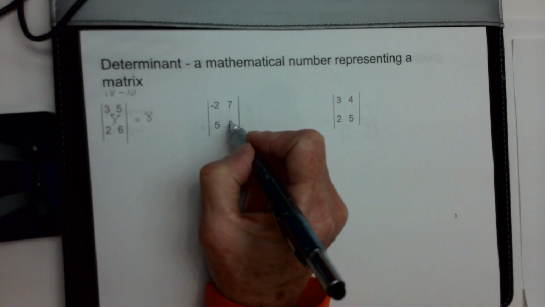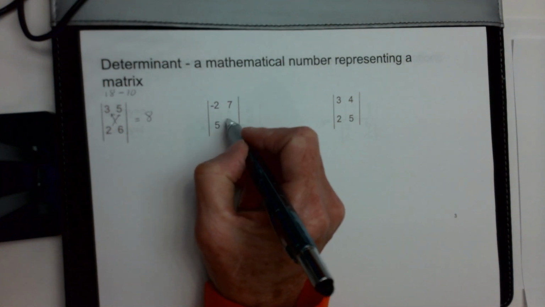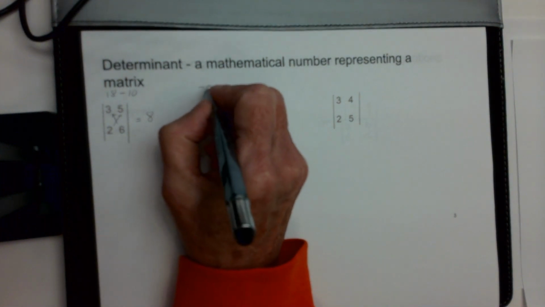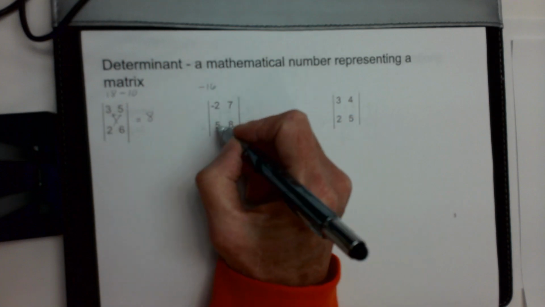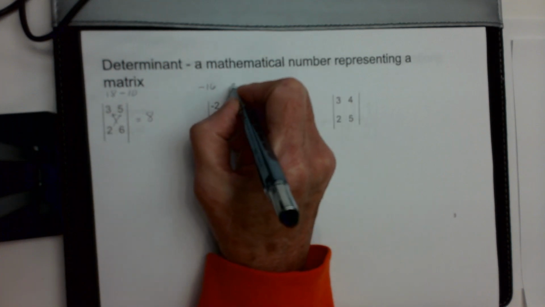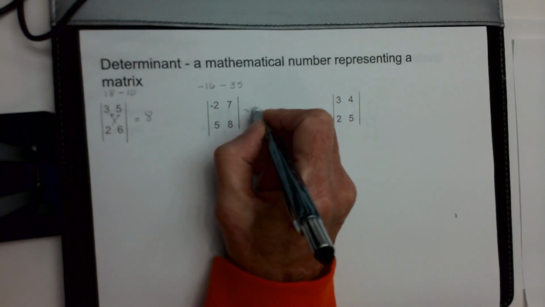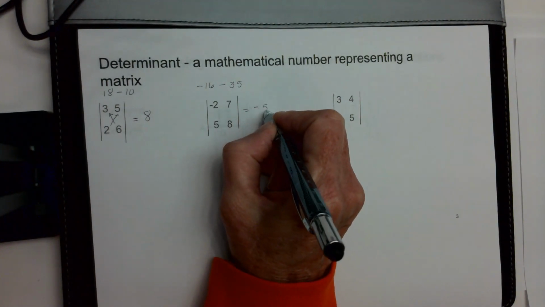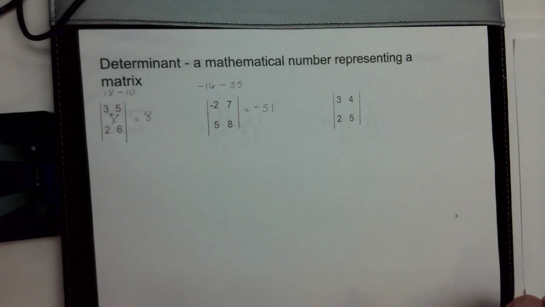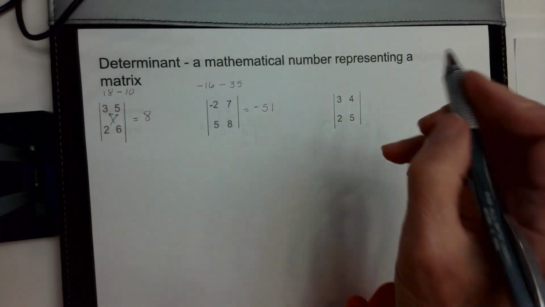If I do this one, you always multiply up, so 8 times negative 2 is negative 16, and 5 times 7 is 35, and I'm going to subtract, so that's going to give me a negative 51. So that's the determinant of that matrix.